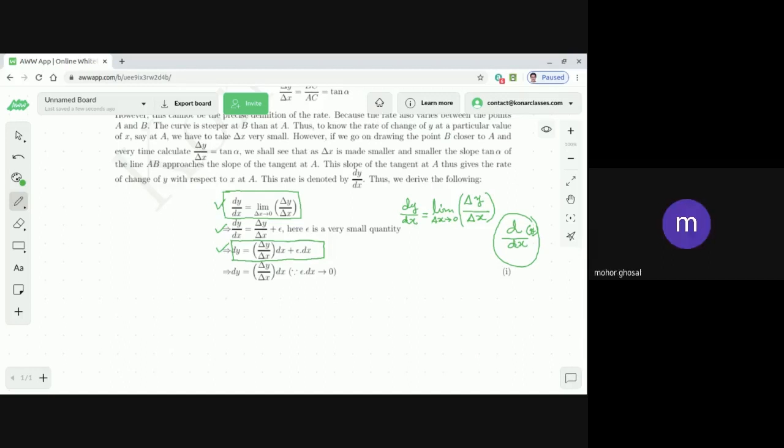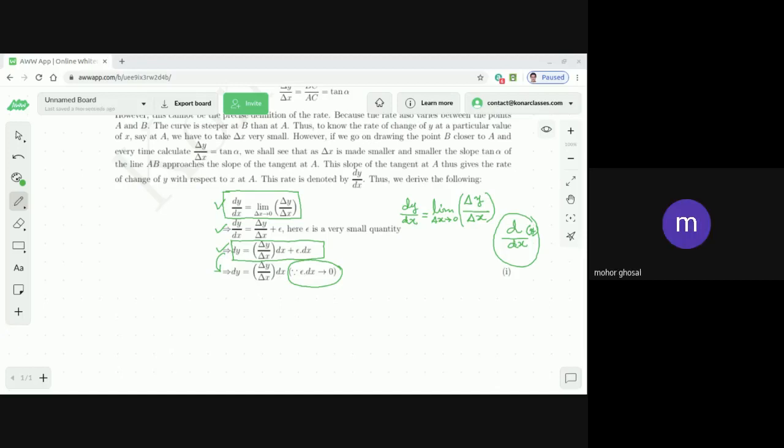So in an approximation sense, we can eradicate this term. Because epsilon into delta x is very small, we can remove it. That's why in the next step we wrote dy is equal to delta y by delta x into dx. Correct or not? All of you are getting my point, dear students?